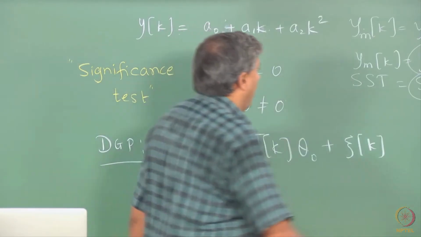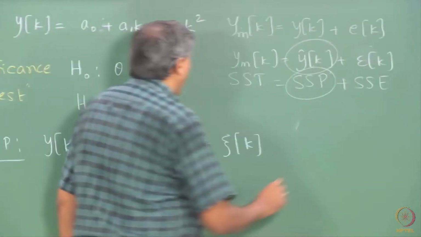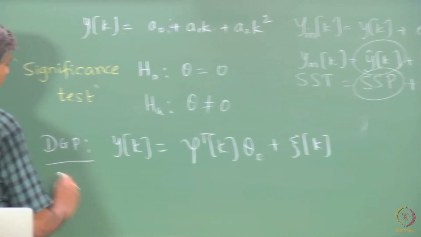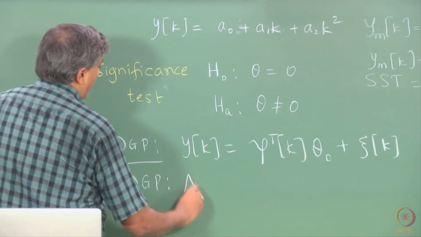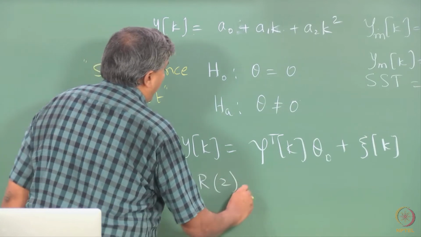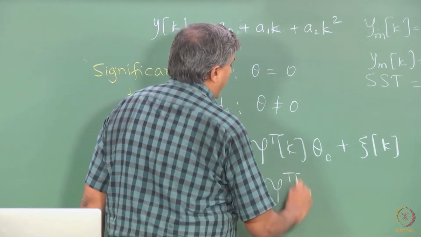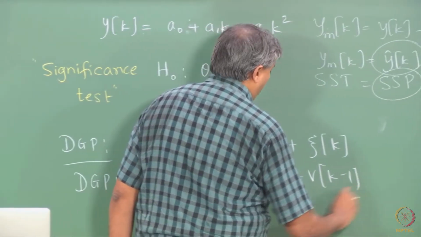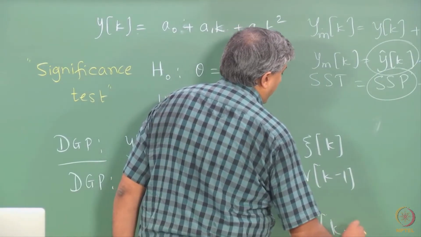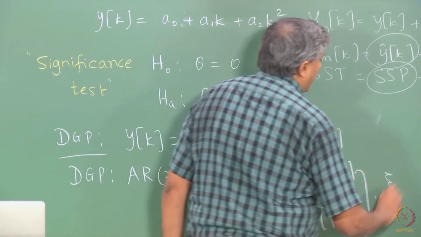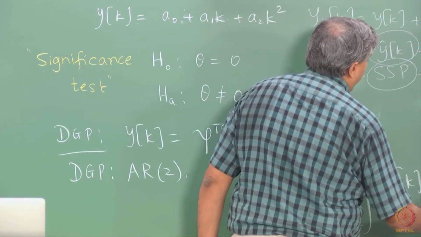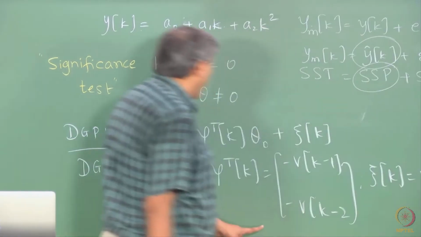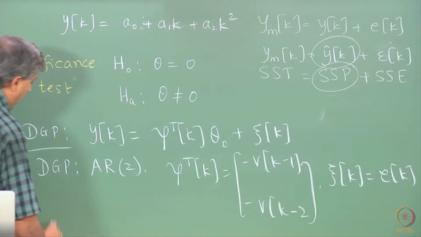As a simple example we went through yesterday, suppose the DGP is AR2, then we know that the regressor set consists of your 2 past outputs and this is your Ek, but this is provided your model is also AR2.